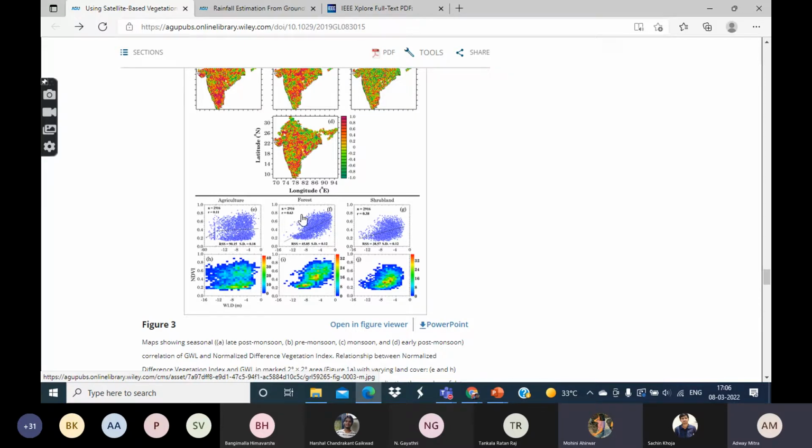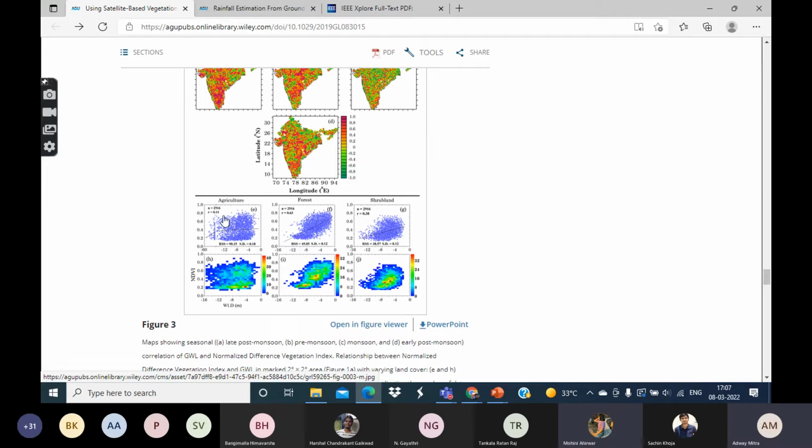But in the forested regions, the correlation coefficient is very high, R equal to 0.63. In the earth science domain, this is a very high, or at least fairly high correlation coefficient, which means that their estimates are generally agreeing with the ground truth. In the shrubland, it is R equal to 0.38, which is not great but decent.